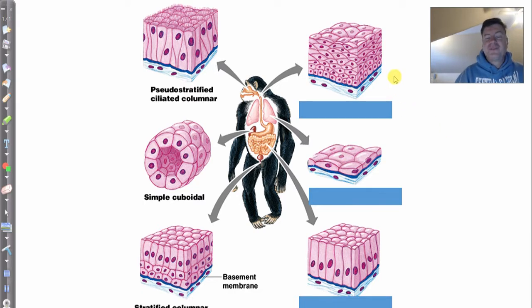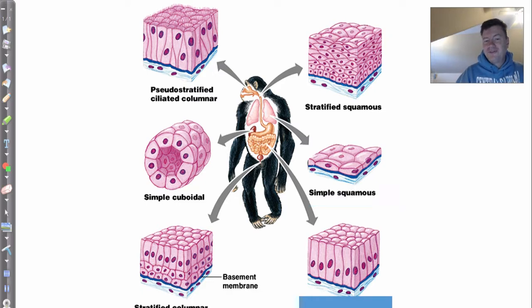About over here. Okay, lots of layers, stratified. Cell shape, squamous or flat. So that'd be stratified squamous epithelium, like we see in our skin. Down here, one layer thick, flat-like cells, simple squamous.